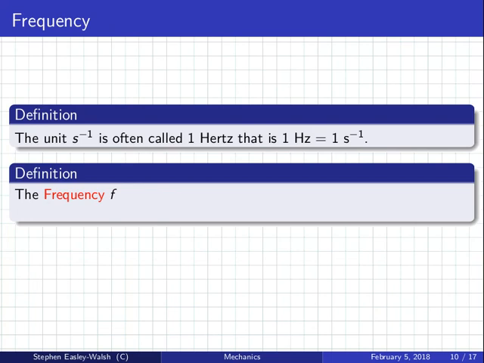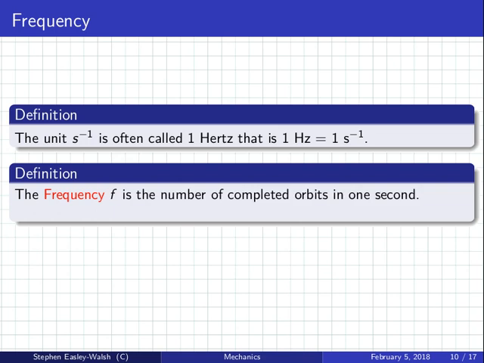Kim, any ideas? What do you think? How many times? Per 1 second. Good, very good. So the frequency here is how many times it can complete an orbit in 1 second.